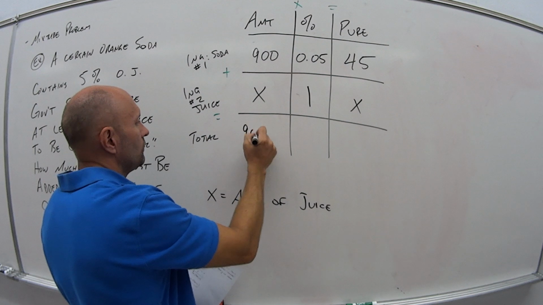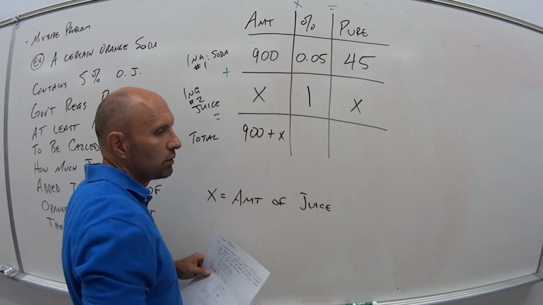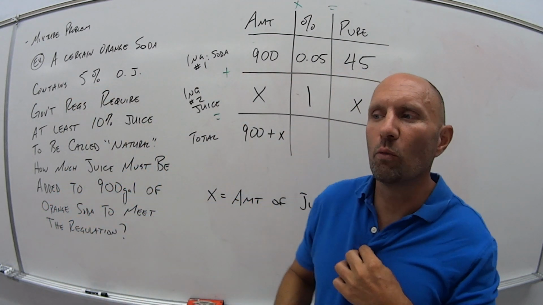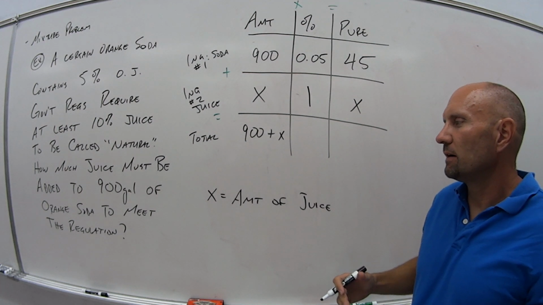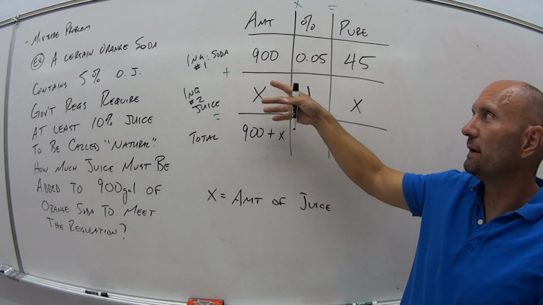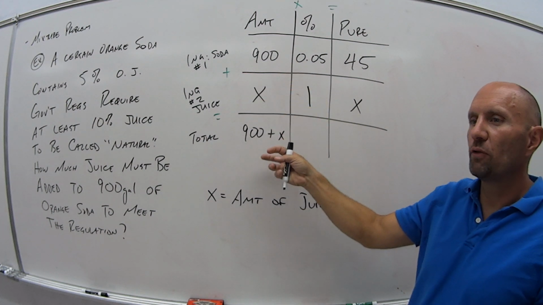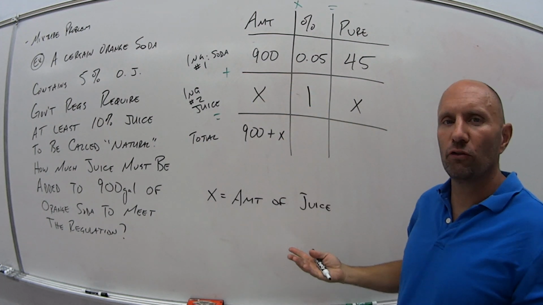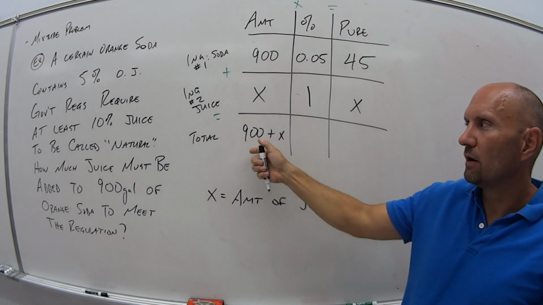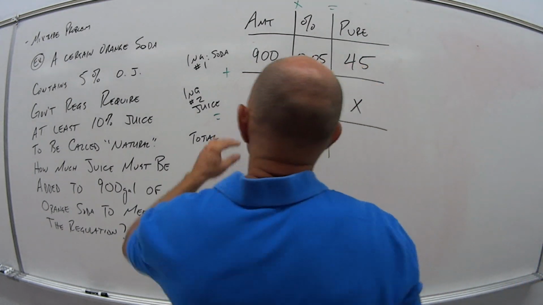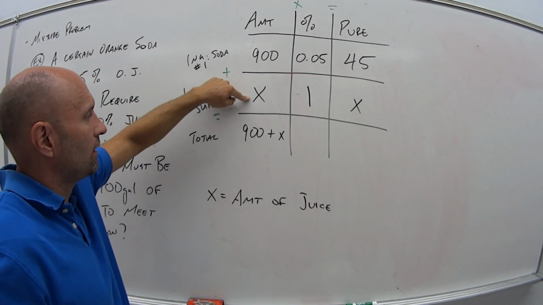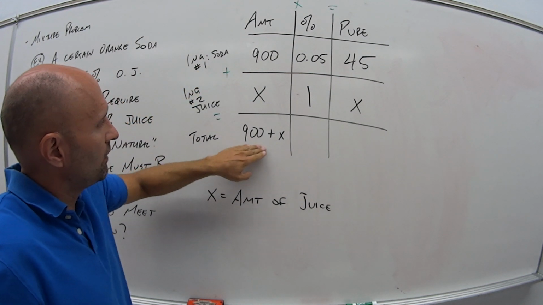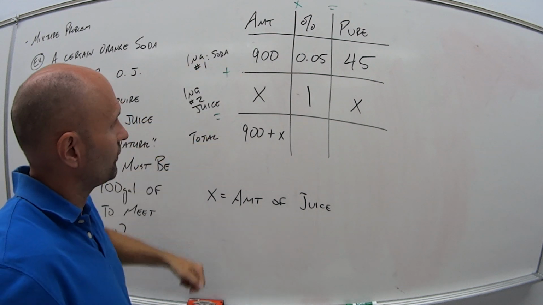So this value is 900 plus X. And we'll see in the homework, it might tell us we want to add 2 ingredients, maybe X and Y, so that at the end we end up with 1,000 gallons. So that would go here. But in this case, because we're told we have 900 gallons, and we're adding X gallons of juice, the total we end up with is 900 plus X. Again, we're just adding down.